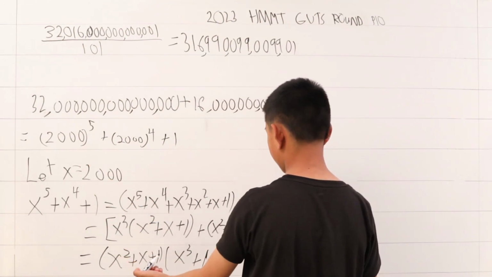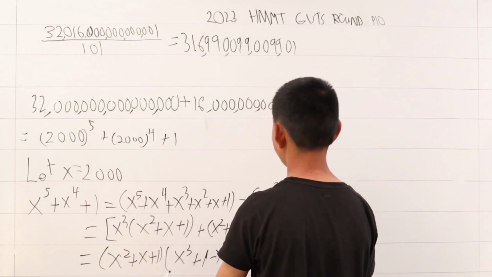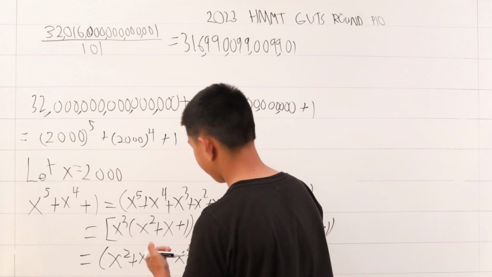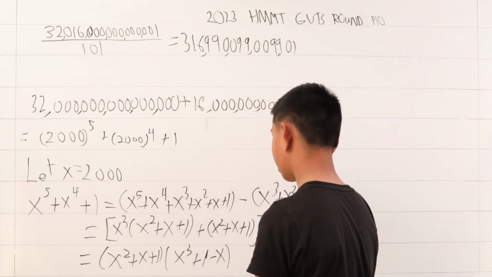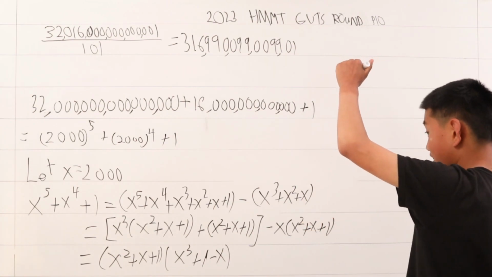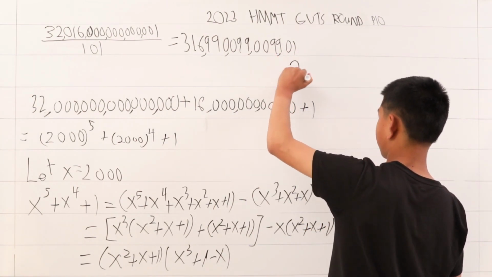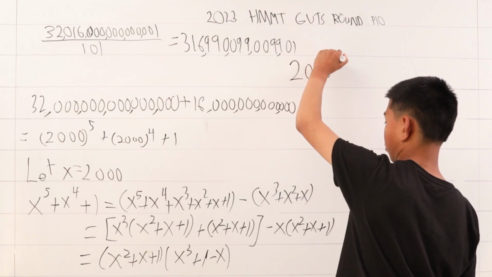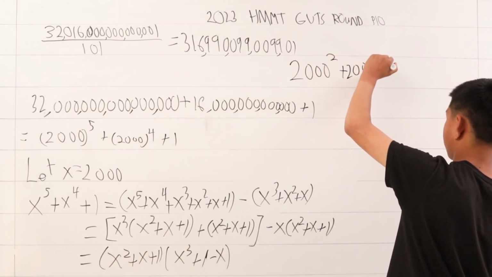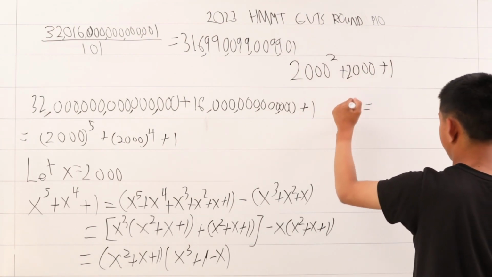We realized that x squared plus x plus 1 is in fact the smaller value. So therefore, we can substitute it back in. It's now 2,000 squared plus 2,000 plus 1. We can just solve this.